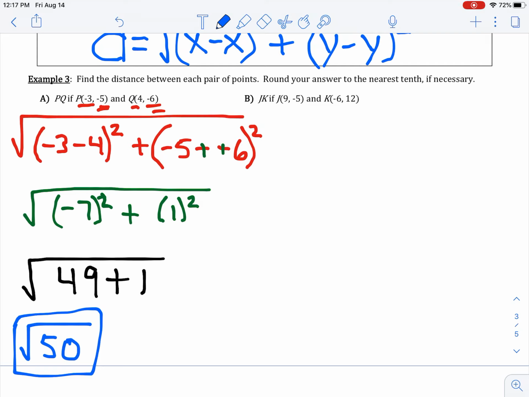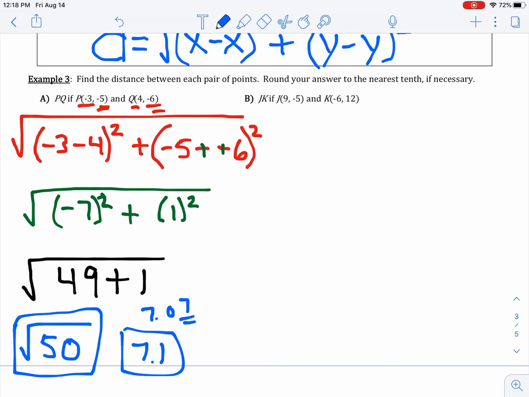Now, if it asked us to round this, or if it asked us to go nearest tenth, then we would plug in the square root of 50 right into our calculator, which is up to you. We will accept either answer typically. So if you plug it into your calculator, it tells you 7.07, and if I'm going nearest tenth, I'm going to write that as 7.1.